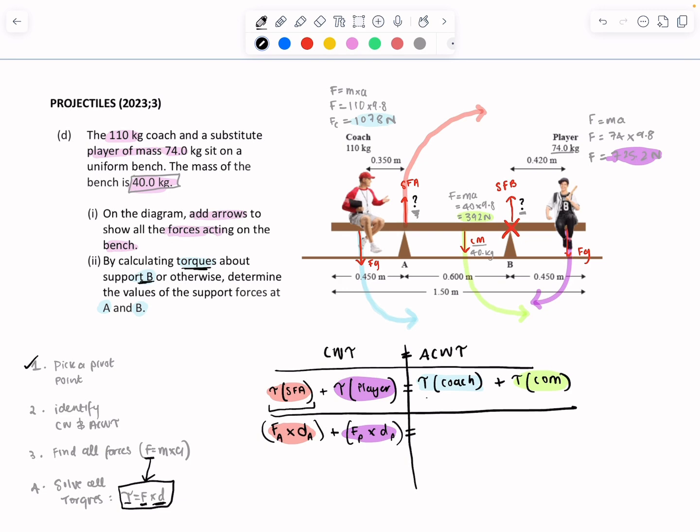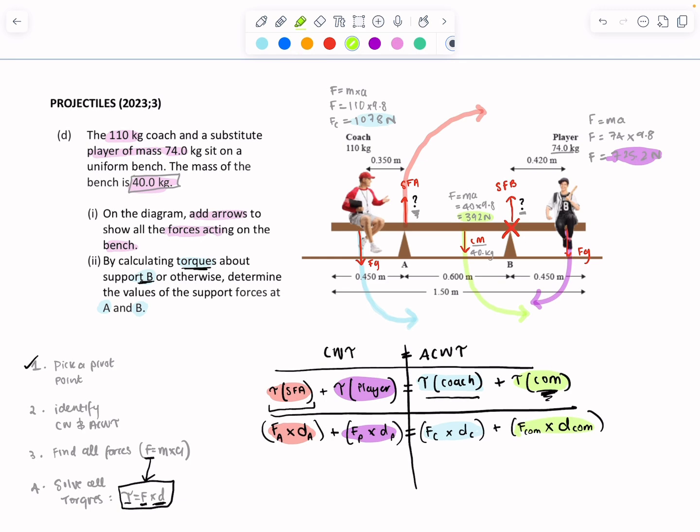So we've got the torque of the coach, and that is going to be worked out by multiplying the force of the coach, C for coach, times the distance of the coach from the pivot point, plus the force of our center of mass times the distance of our center of mass from our pivot point B. Okay, again, let me highlight everything so it all makes sense.